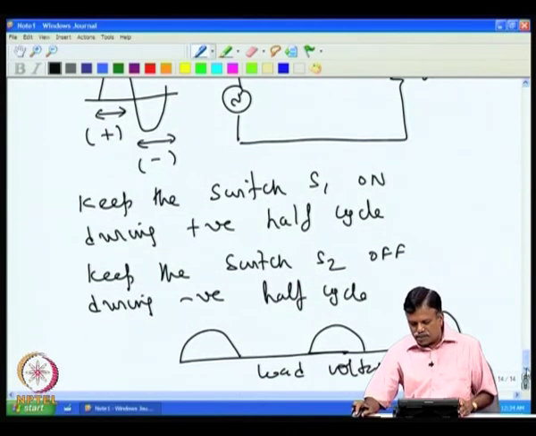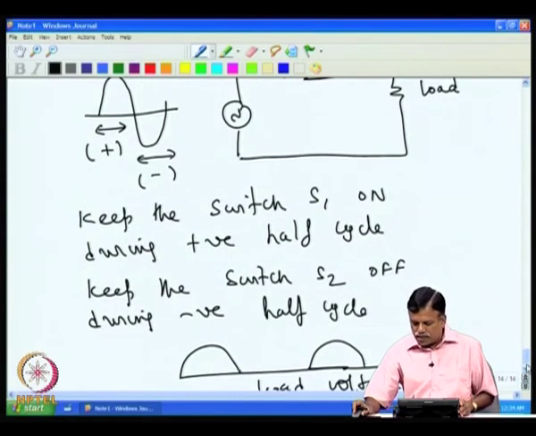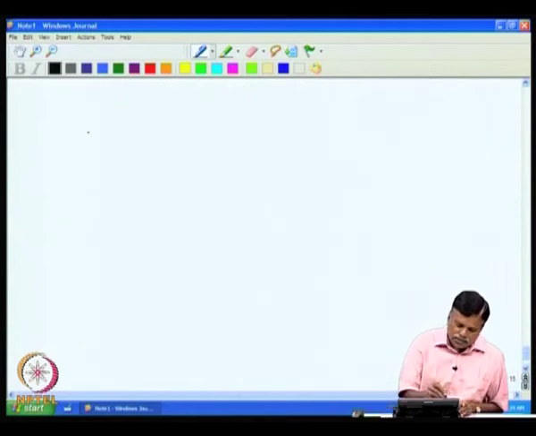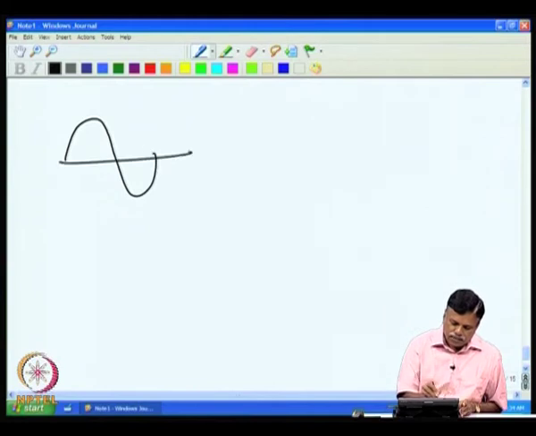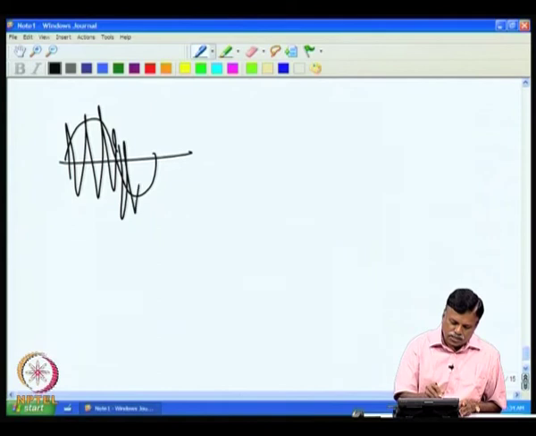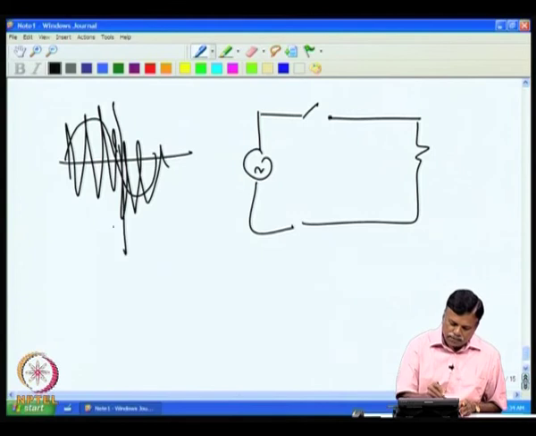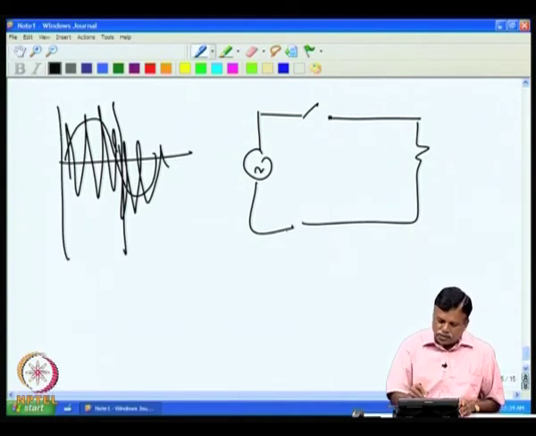What is it that we are trying to achieve by this? Assume that we have a signal which consists of signal plus noise, so I will have a signal which actually has noise continuously. Now, when the switch is on, if I look at the load side, it is not a diode, it is a switch.